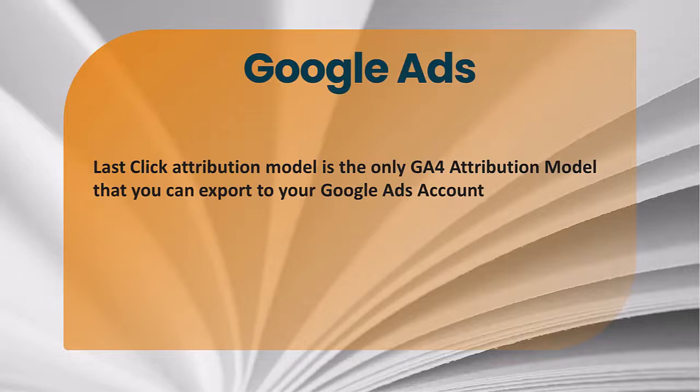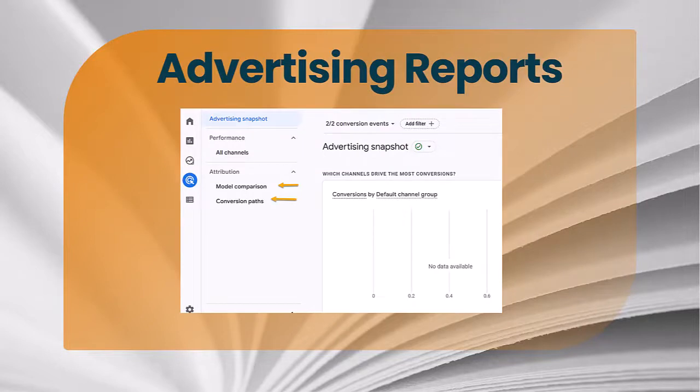If you are using last click attribution or Google Ads, you can also take a look at your model comparison and then the path to conversion, where it actually shows you the different steps that they took along that path to conversion. Now the advertising reports is one of the main 4 paths that you can take a look at in your GA4 reports once you make that switch.